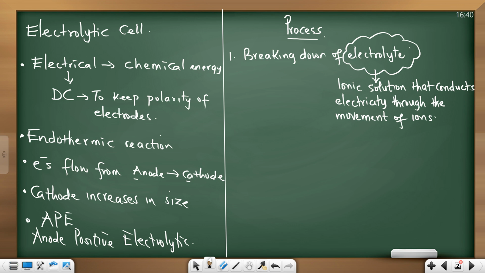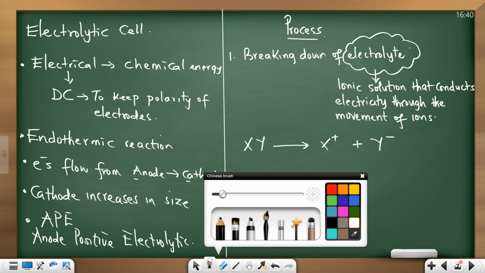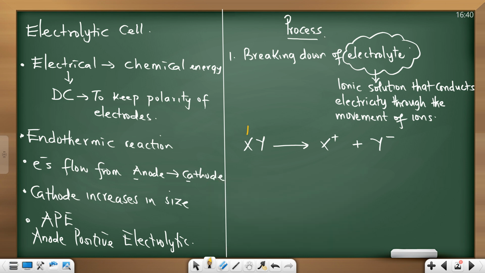If you go back to your grade 10, ionic bonding. So what happens? Step 1, your compound XY would break down into X plus and Y minus. Usually, X is a metal.